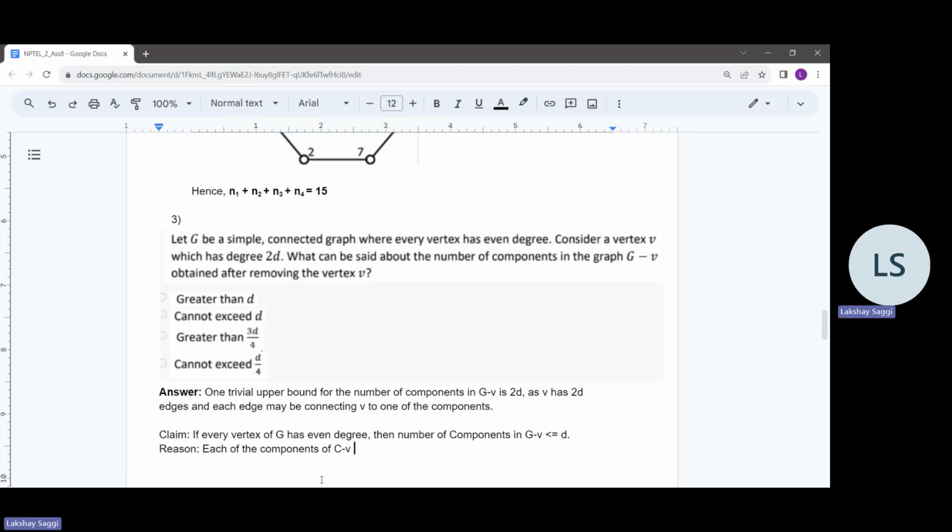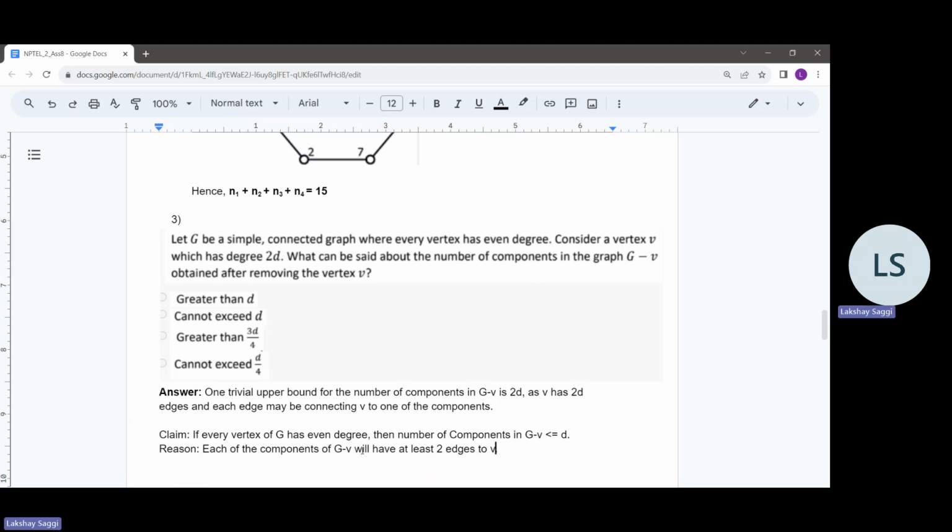Because each of the components of G minus V will have at least two edges adjacent to V, or let's say two edges which connect that component to V.